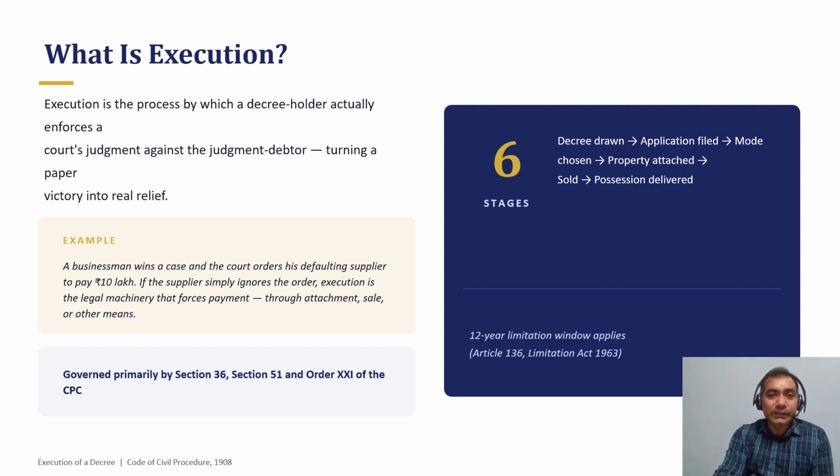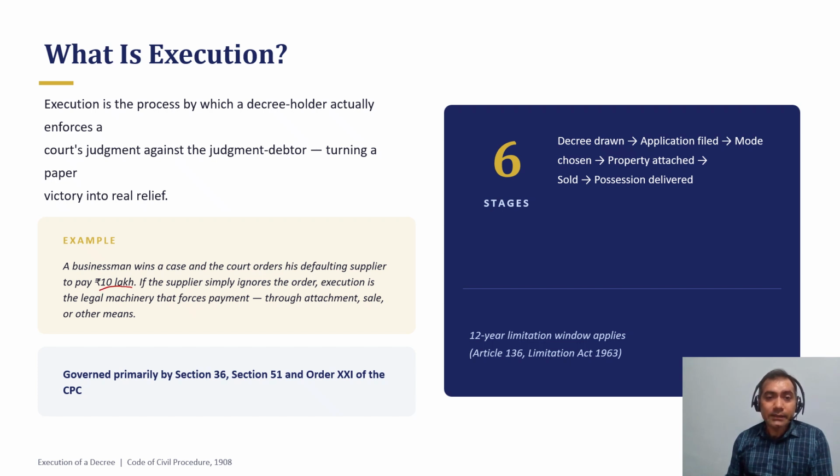Execution is the process by which a decree holder actually enforces a court's judgment against the judgment debtor, turning a paper victory into real life. An example that we are going to use: a businessman wins a case and the court orders his defaulting supplier to pay 10 lakh rupees.